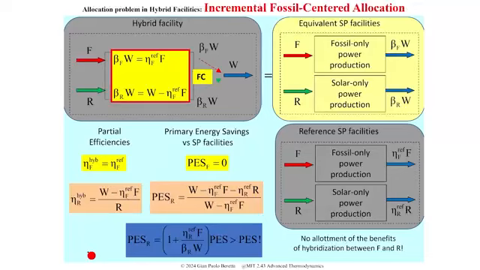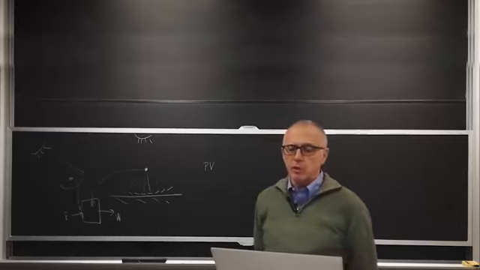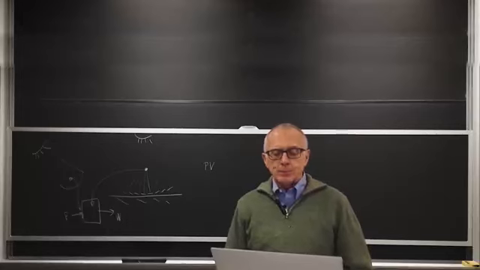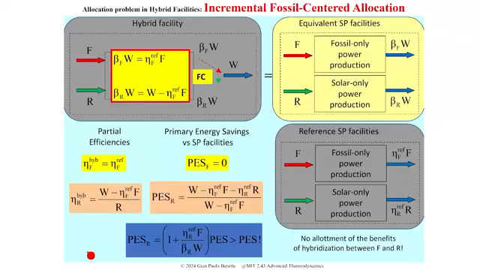Also here, again at the beginning, and perhaps even still now, because I don't know if this problem has evolved enough, there is one way that we call an incremental fossil centered, where you give priority to the renewable.